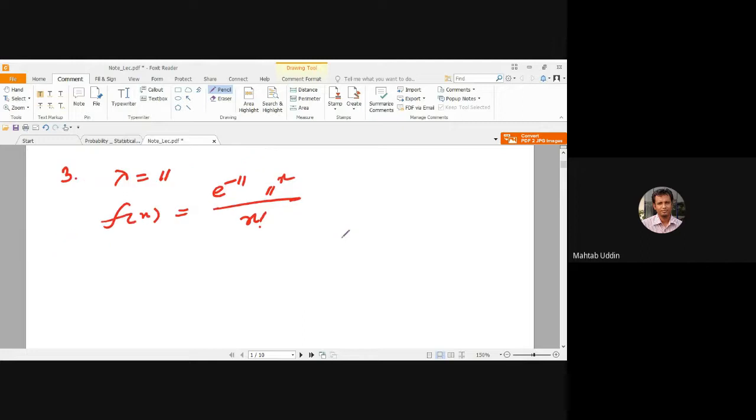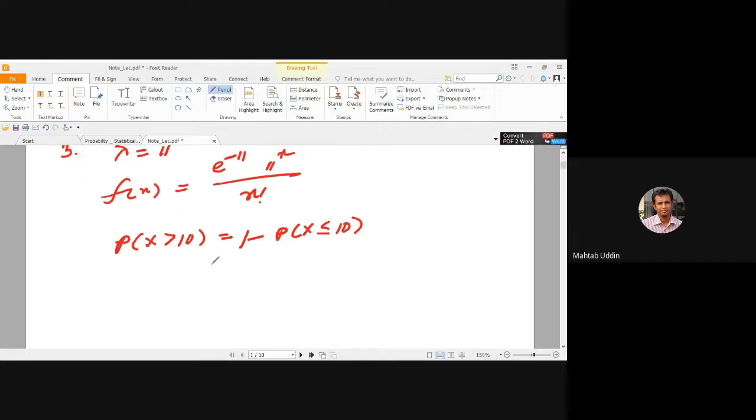Now it has been said the number of customers arriving in an hour is greater than 10. So 1 minus P of what? X less than or equal to 10, right? So what should we do? We have to find 1 minus the sum from x equal to 0 to 10 of e to the power minus 11, 11 to the power x by x factorial.